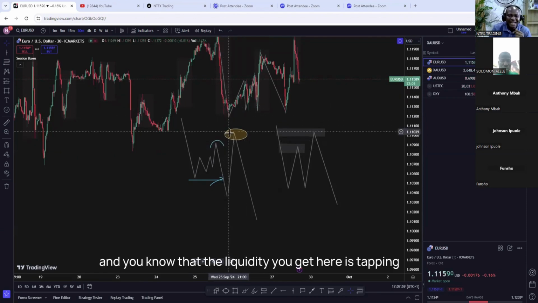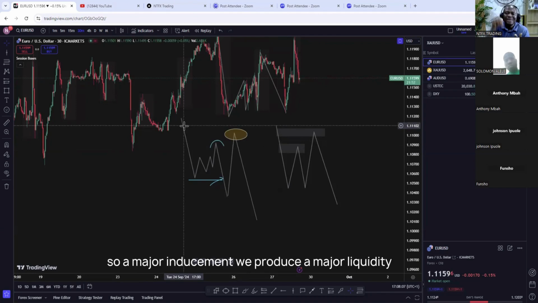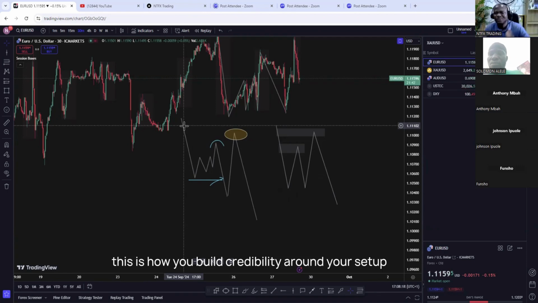And you know that the liquidity you get here is tapping the main supply. That supply is a major supply. So a major inducement will produce a major liquidity, will produce a major mitigation, and will tap a major demand and supply zone. This is how you build credibility around your setup.